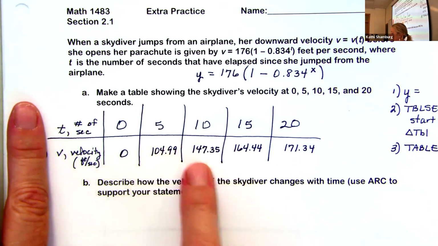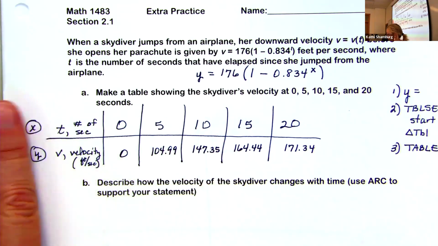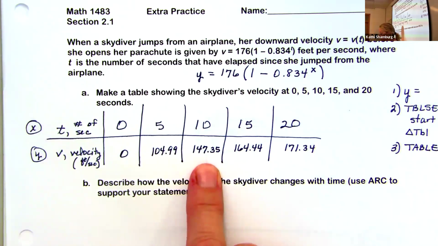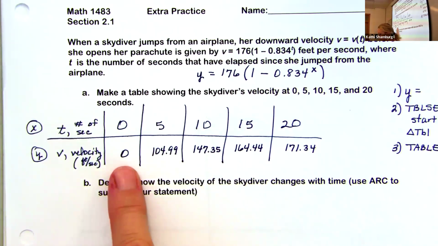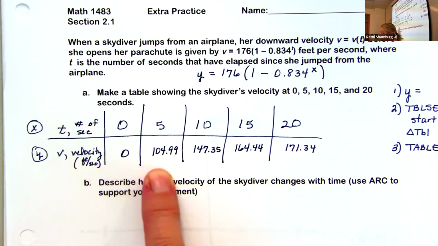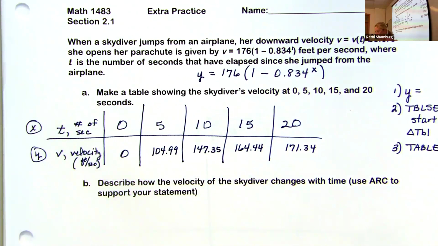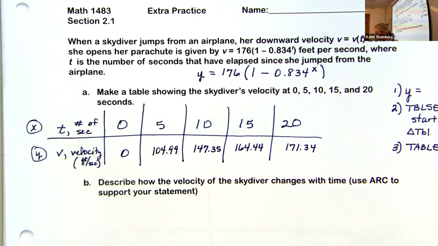Then 10 seconds later, your speed is now 147.35 feet per second. So, okay, that's where you're at. We can see that this function, the velocity, is increasing at a decreasing rate, okay? But it just asks for the table.